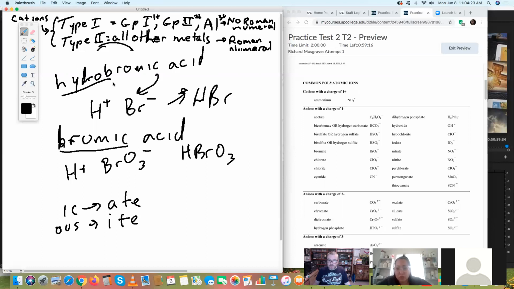That's a good rule. But I'll say this, just between you, me, and everybody else who watches this: I hate this hydro thing out the front. I think it's the stupidest thing that anybody ever came up with to distinguish acids. I couldn't think of a worse thing to put out the front.